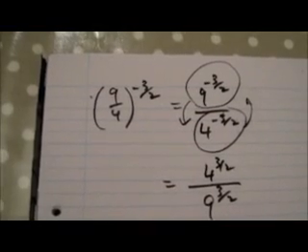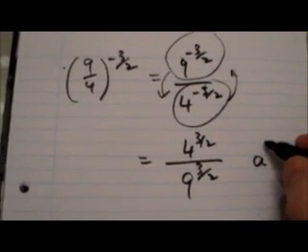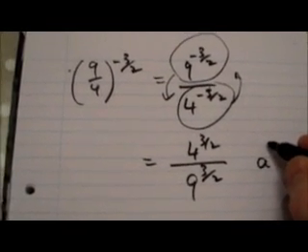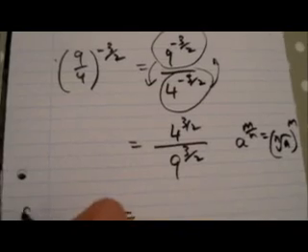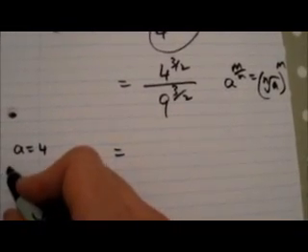Okay. We might take a quick peek at the log tables then and see that a to the power of m over n is the nth root of a, all to the power of m. So on the top line there, our a is equal to 4, our m is equal to 3, and our n is equal to 2.